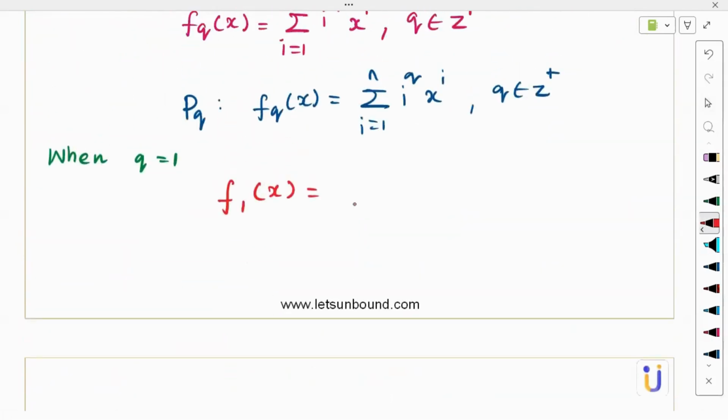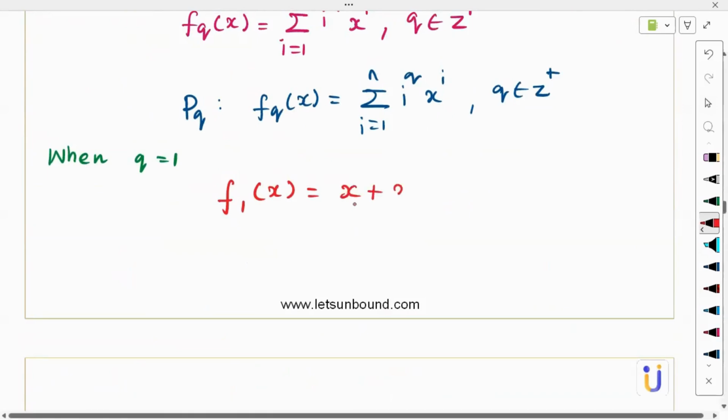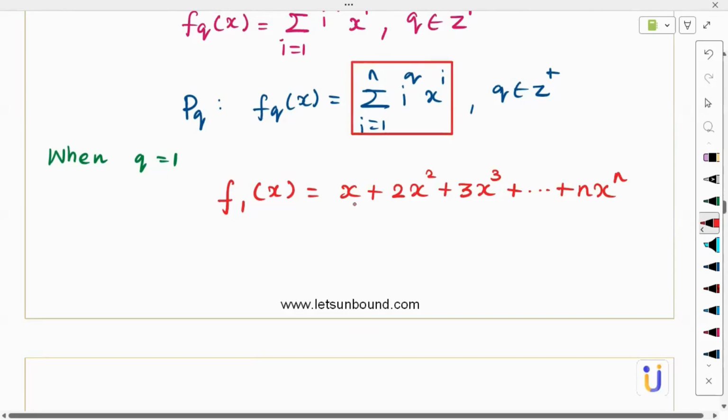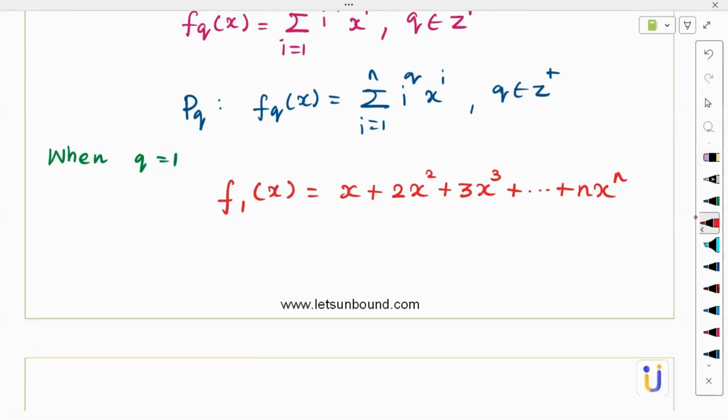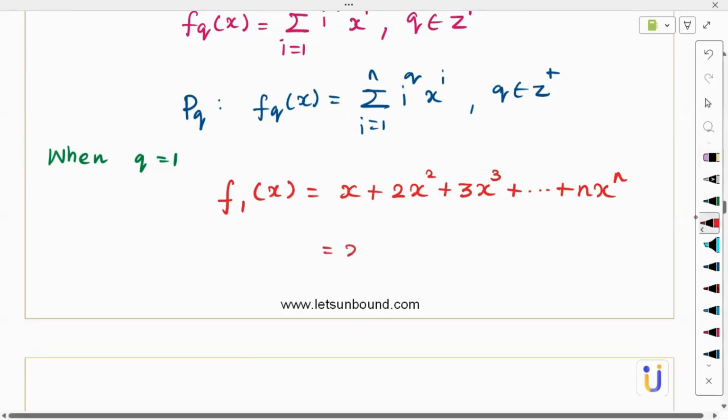F1 of X is X plus 2x squared, 3x cubed, and so on, plus n x power n. This is my Fn of X. And this can be written like this. This is what the proof is. We have to prove for the case 1. And let us take, X can be taken outside. Let me take it out.